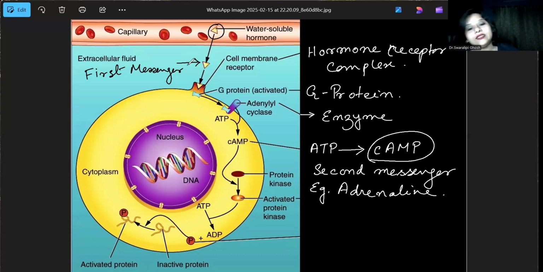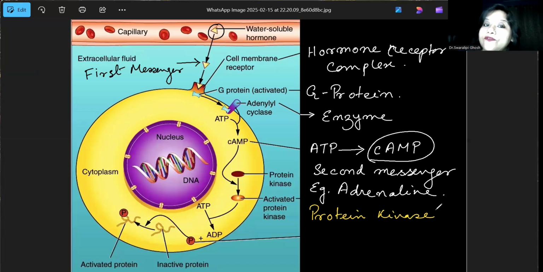Okay. Now, what is this doing? This cyclic AMP is activating the protein kinase which is already present in the cell. Fine. Now what is this activated protein kinase doing? It is removing an inorganic phosphate from adenosine triphosphate.